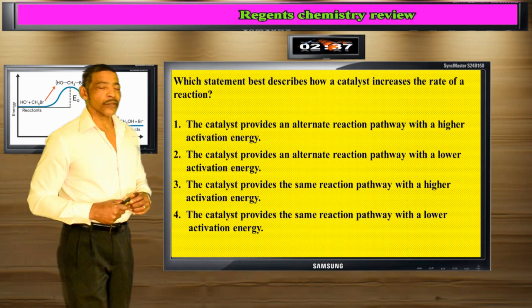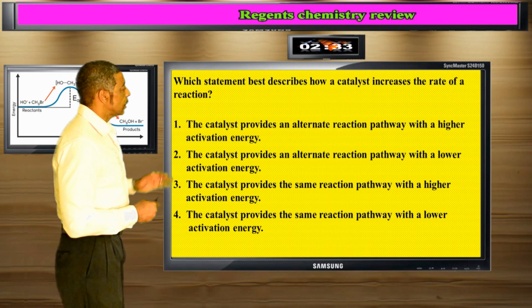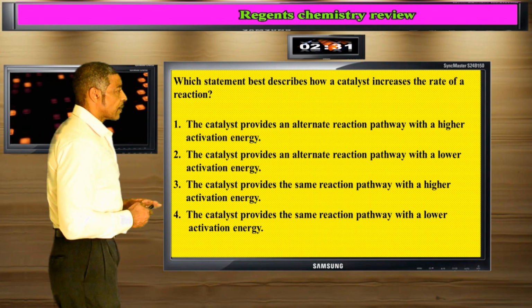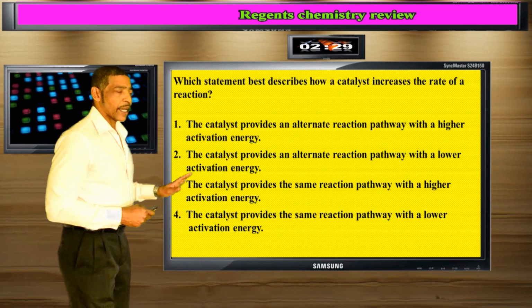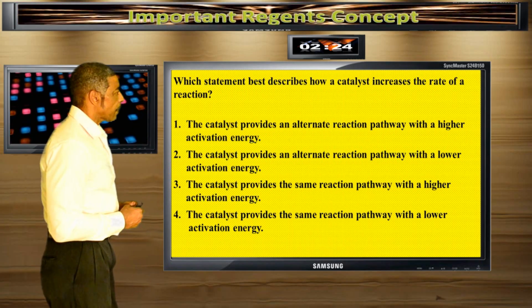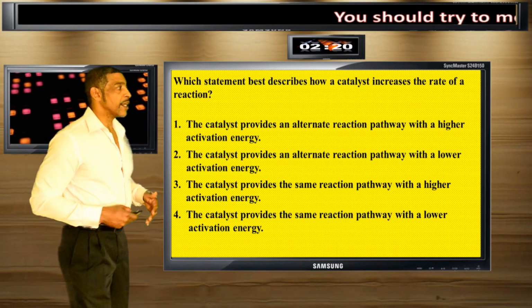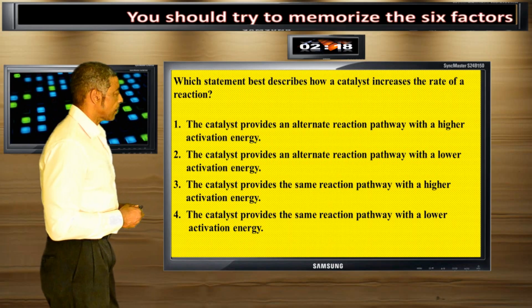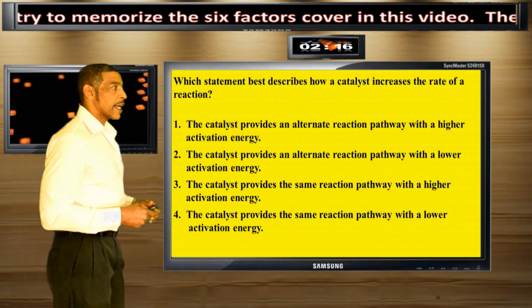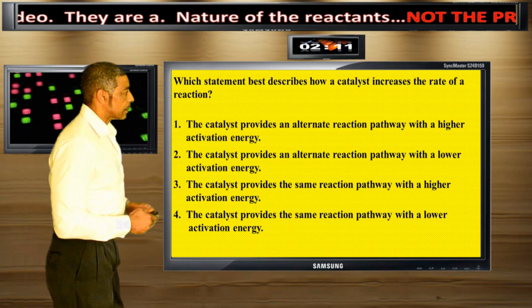Which statement best describes how a catalyst increases the rate of a reaction? Number 1, the catalyst provides an alternate reaction pathway with a higher activation energy. Number 2, a catalyst provides an alternate reaction pathway with a lower activation energy. Number 3, a catalyst provides the same reaction pathway with a higher activation energy.